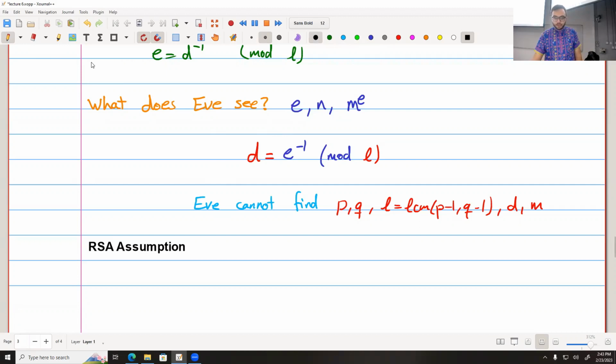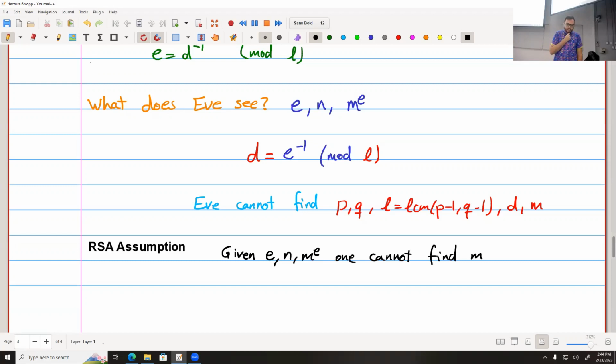So the RSA assumption is that given E, N, and M to the power of E, so this was the encryption key, this was the modulus, this was the encrypted message, given this information, one cannot find M. We cannot find our original message M, or to be more specific, we cannot find any information about it.